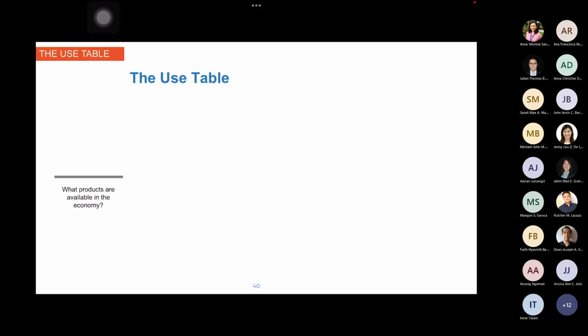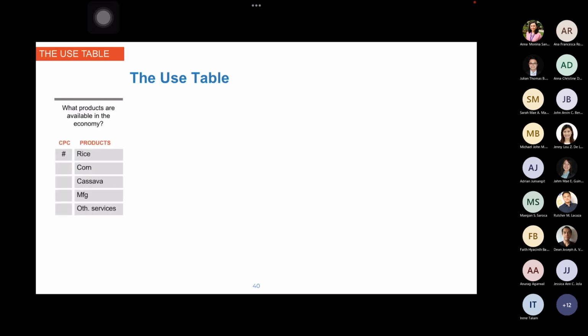So in the use table, we arrange the products in a column. So here at the left, we can see that it is arranged by a product classification. So this is the same way that we do it for the supply table. And the disaggregation of these products will depend on many factors, but primarily on the available data.